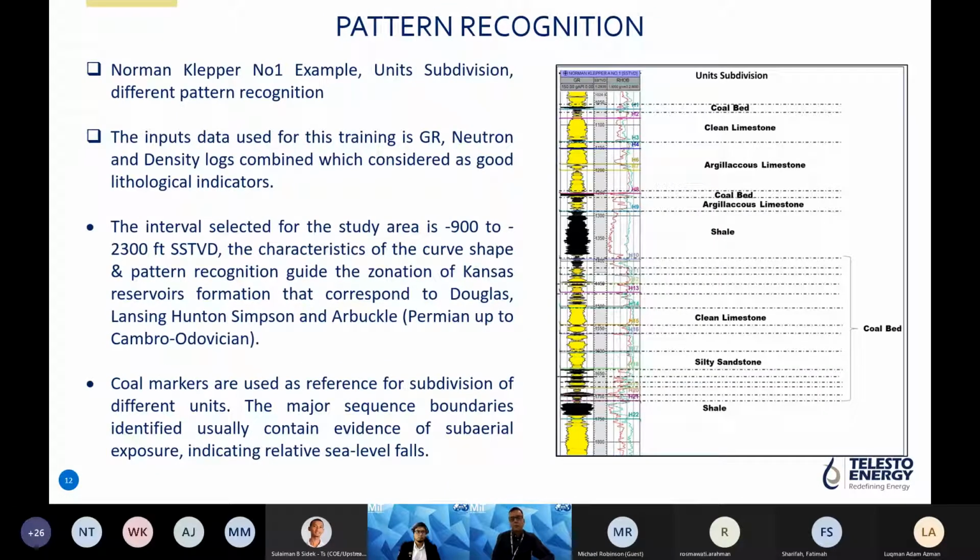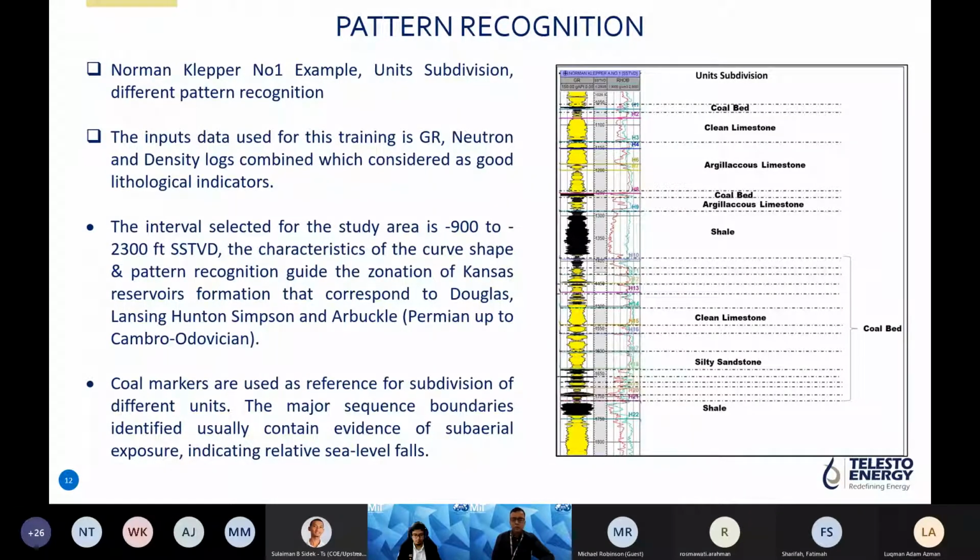This is the type log. What you see in the type log is identification of different correlation units or lithologies. What you can see on your right-hand side is the peaks for coal, limestone, shale, silty sandstones and shales. You can see a number of tops have been picked. The interval is from 900 to 2,300 feet.